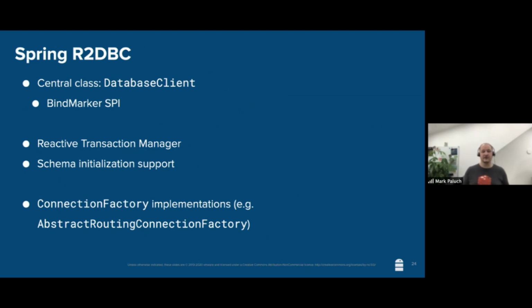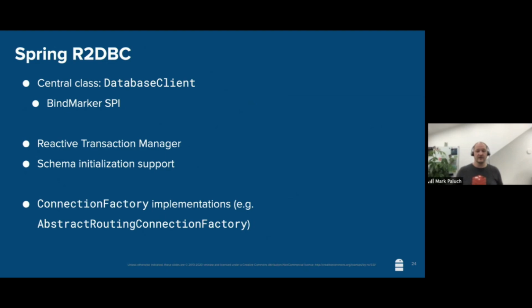A connection factory can be an entry point to a driver, a connection pool, an observability facility like R2DBC Proxy, or something different. What we have learned over the past years is that multi-tenancy is a requirement for several applications. And multi-tenancy can be modeled in different ways.